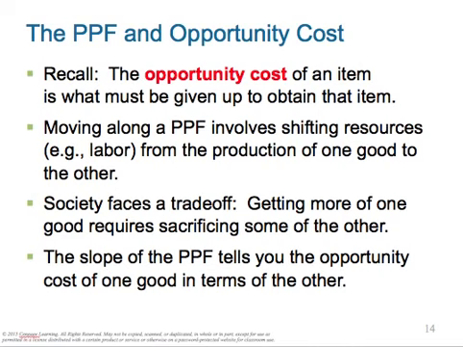The slope of the production possibilities frontier tells you the opportunity cost of one good in terms of another. As you slide up and down the production possibilities curve, you're trading computers for wheat and wheat for computers depending on which direction you're going.